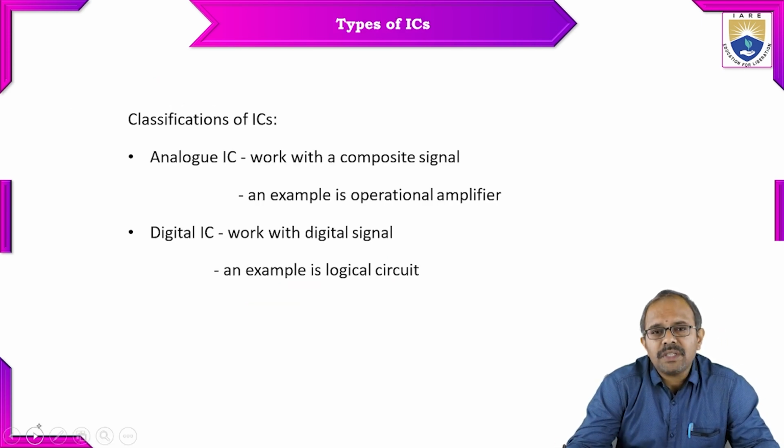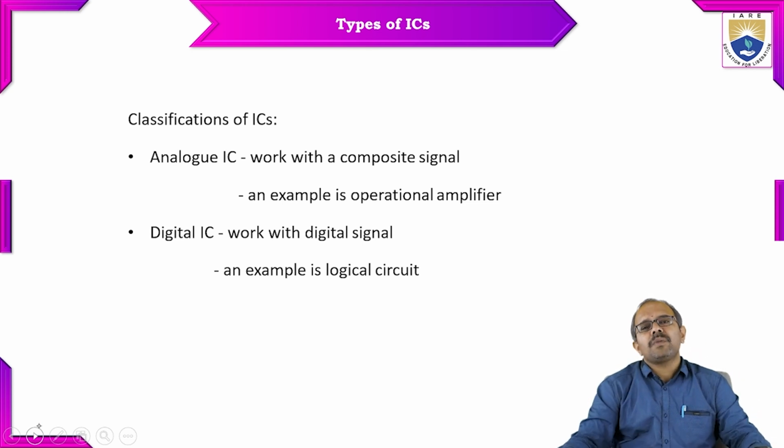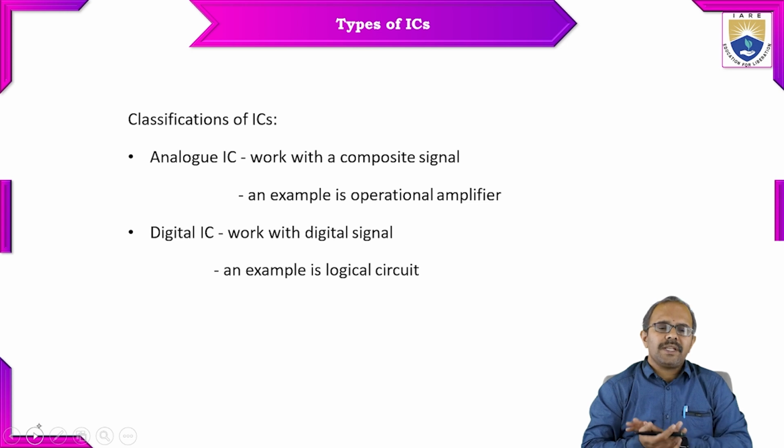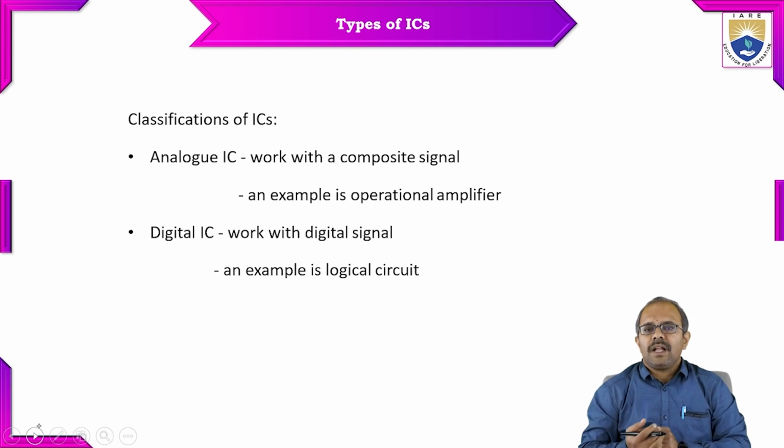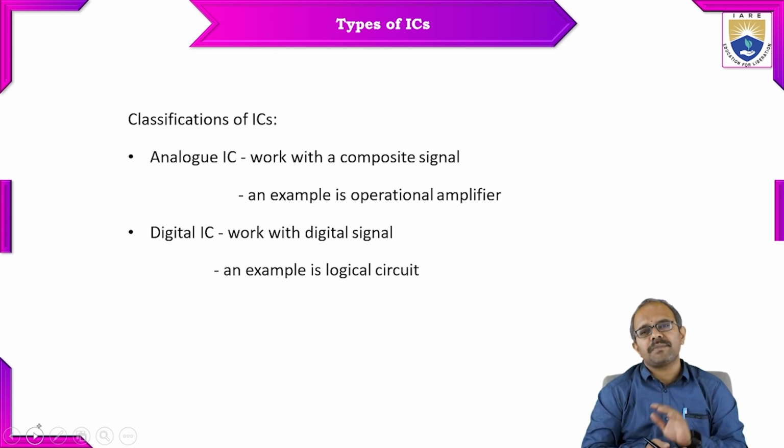And now coming to the classification of ICs. It is fine. We have defined the IC. What is meant by IC we defined. And then coming to the history, starting from the year 1958, finding the motivation from Jack Kilby and then coming up with the latest and modern ICs.